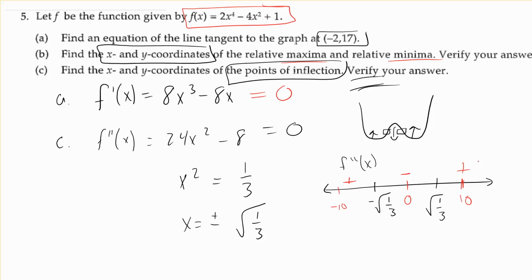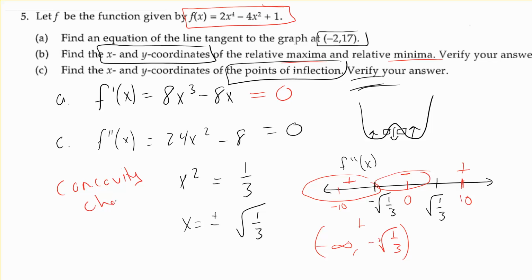So this number line shows that my second derivative is positive from negative infinity till negative square root of 1/3, so we're concave up. And then we're concave down. So we've shown that the concavity changes. If the concavity changes, we have a point of inflection. To verify or justify, we had to show that it changed from concave up to concave down.